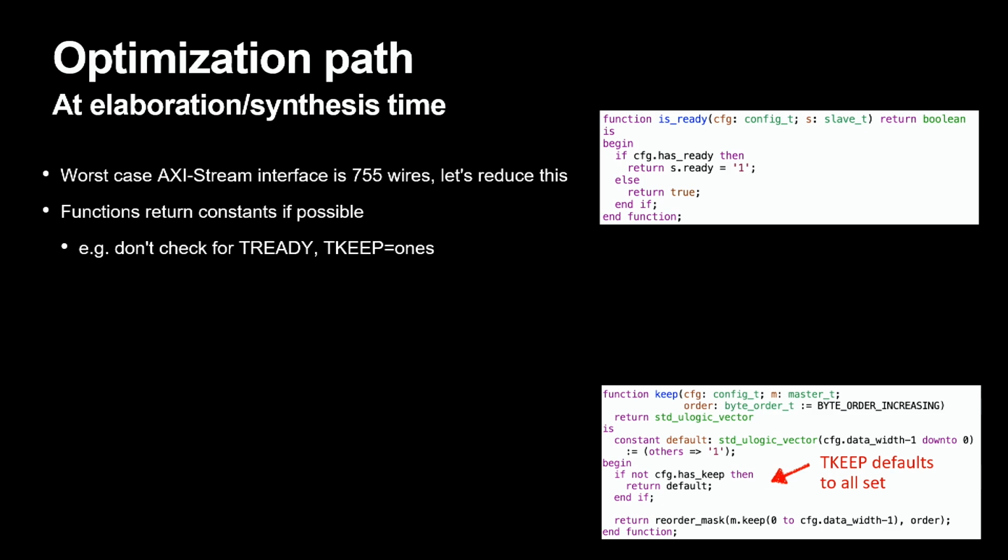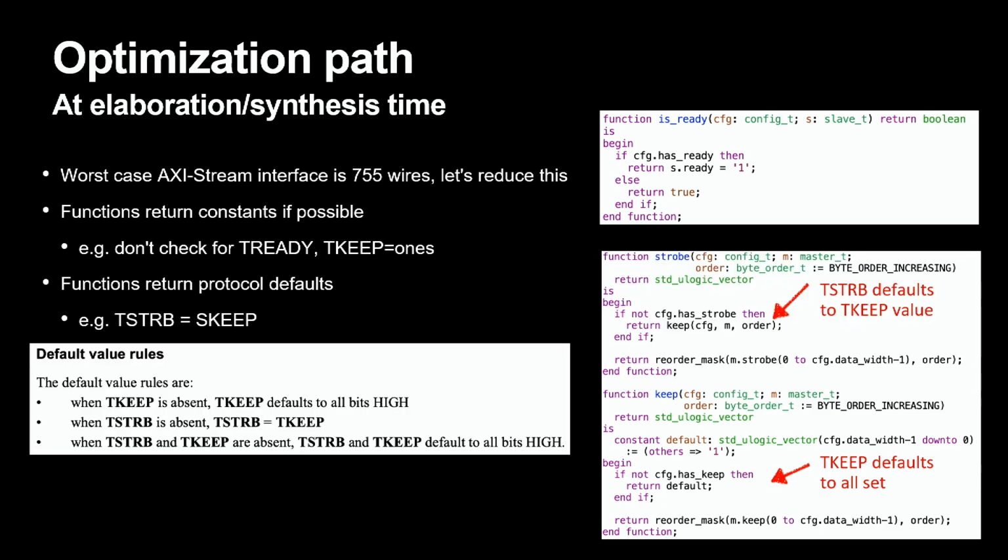But then there are even more tedious things. In AXI stream, there are 2 byte masking features, keep and strobe. Strobe says the byte is not significant in the stream, but please leave room for it. And keep says this byte doesn't exist at all in the stream. And by default, the specification says, that's the second line here, if strobe is absent but keep is present, strobe defaults to keep.